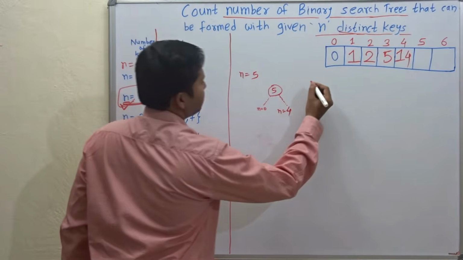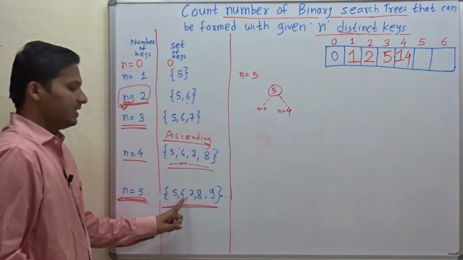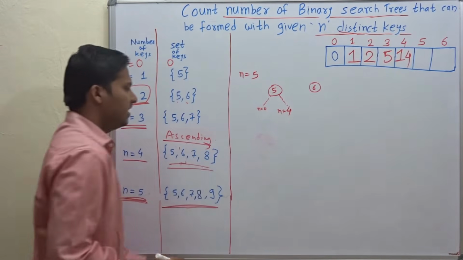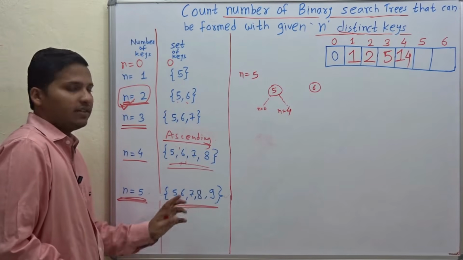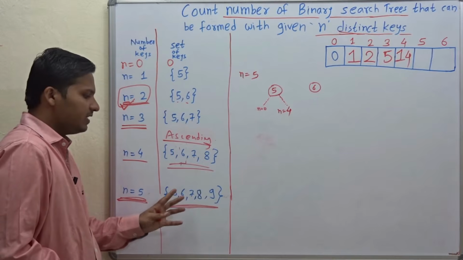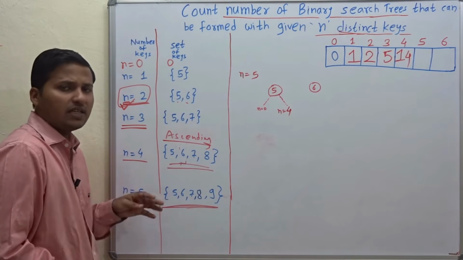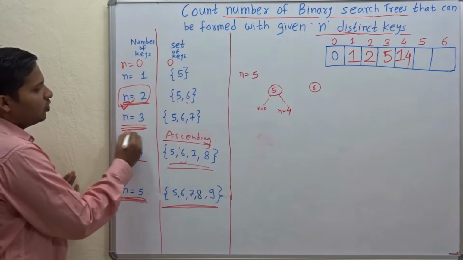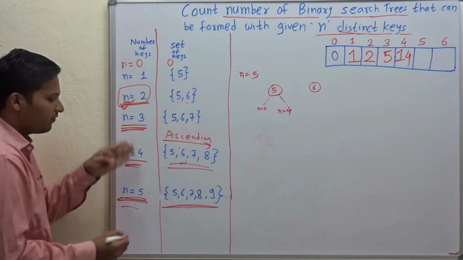Okay, then if we make 6 as the root, see, there is no need of writing this set and all, because the values in that set do not matter. What matters is the value of n, that is n equal to 3, 4 and 5.